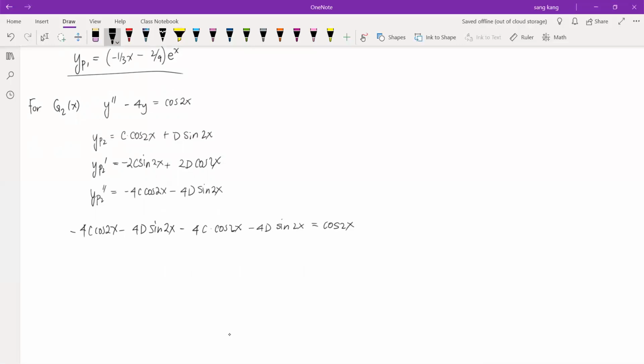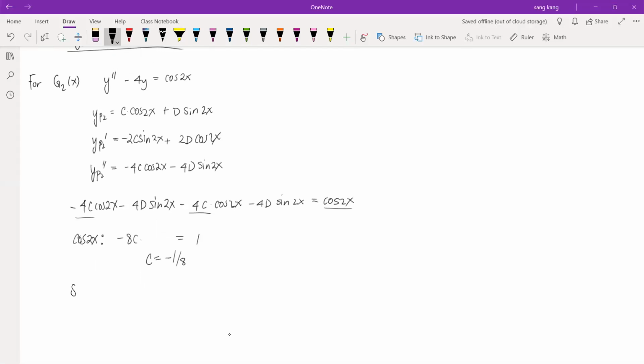Let's see. So now we'll gather all the cosine 2x terms. We have a minus 4c here, minus 4c here, so minus 8c cosine 2x equals 1. I'll just drop the cosine here. So c is equal to negative 1/8.